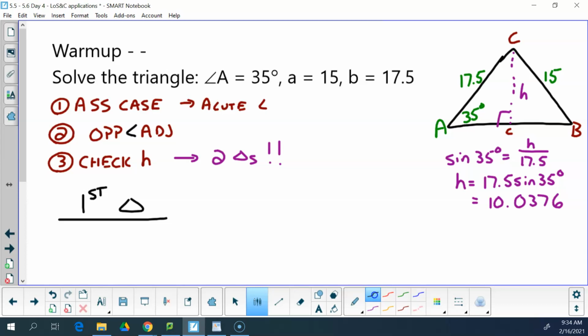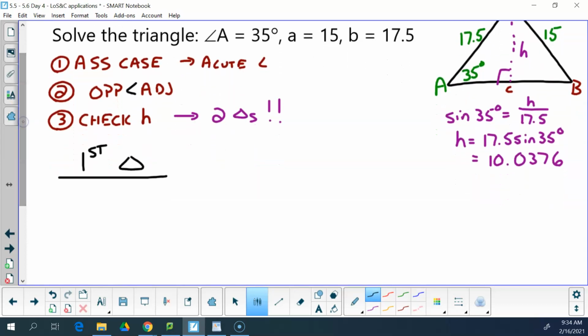So, first triangle, we find normally using law of the sines.